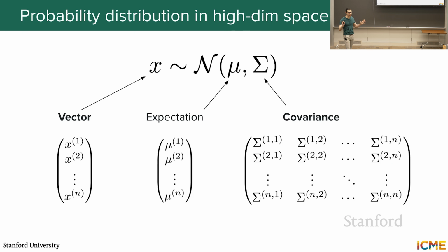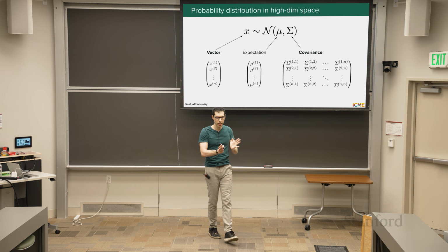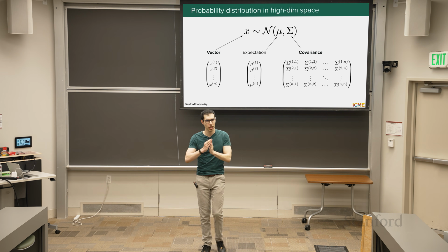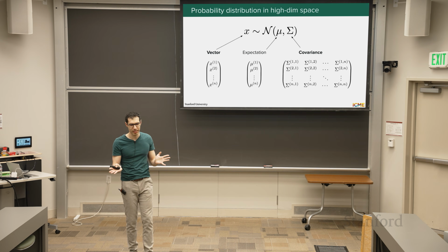I know all these papers assume you know that, and when you read it, it's not super clear, so I just want to emphasize. You can also have random variables that are vectors. And in this case, you will have a vector that is drawn from a distribution of some mean, and the mean is a vector, and then some variance, which is actually represented by a covariance matrix.